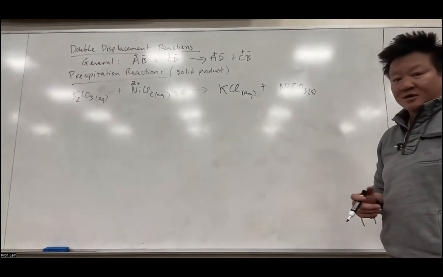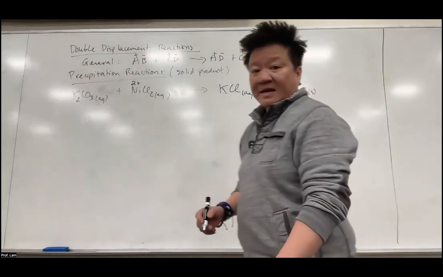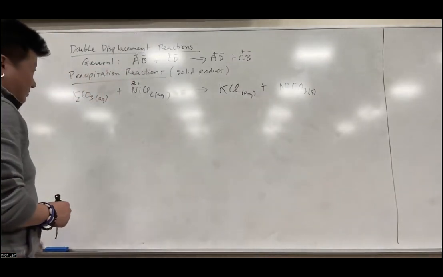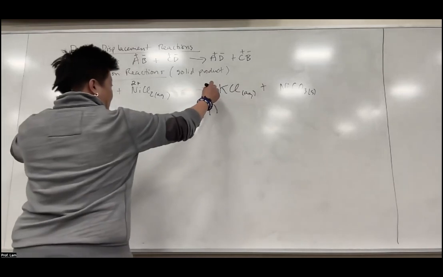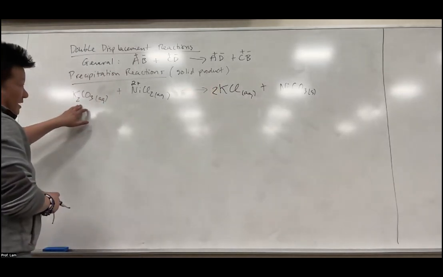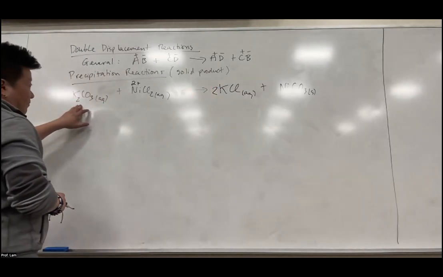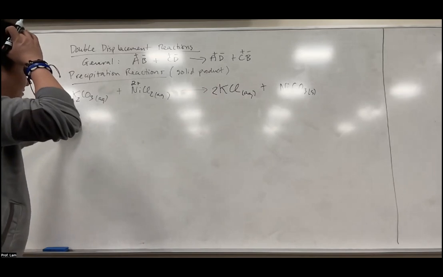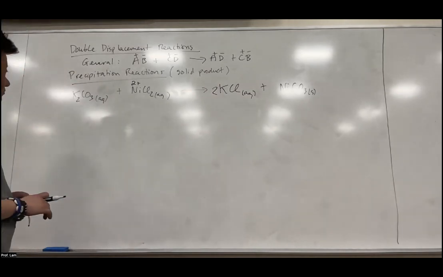Yes, because you do have a solid product. And now you balance. To balance here, most complex, I put a 2 in front of KCl. And then that should be it. 2 potassiums, 1 carbonate, 1 nickel, 2 chlorides. Yep.